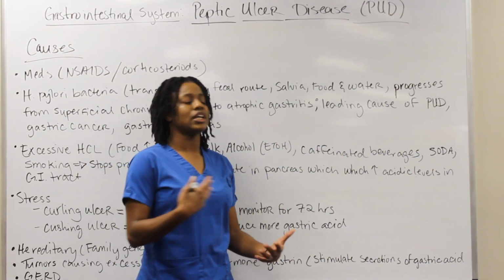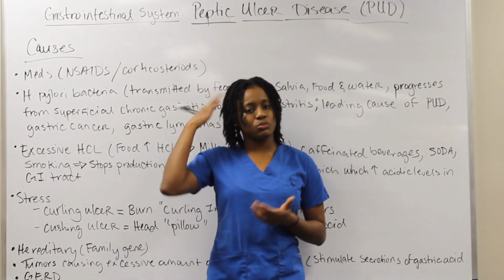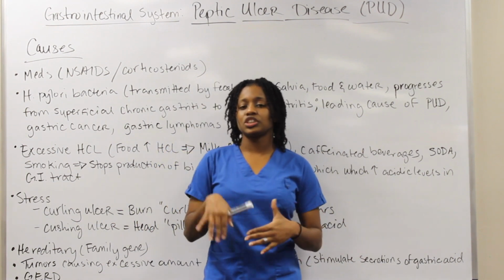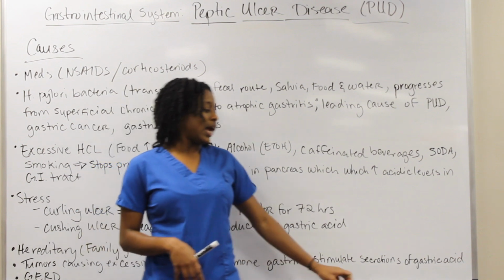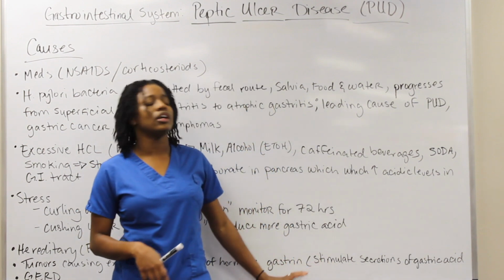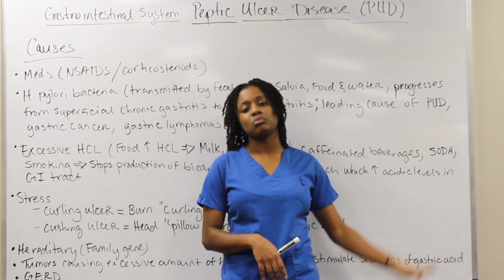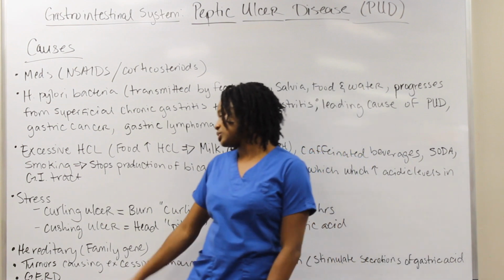And what gastrin does is it stimulates the secretion of gastric acid. So you can have a tumor in the pituitary gland or any part of the brain that deals with the function of secreting those hormones to the stomach area. And with that said, it affects the gastrin, and the gastrin ends up secreting too much acid, okay? So that's how tumors can cause it.